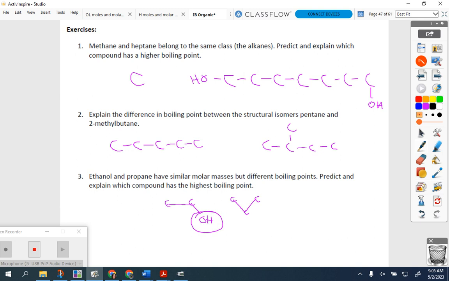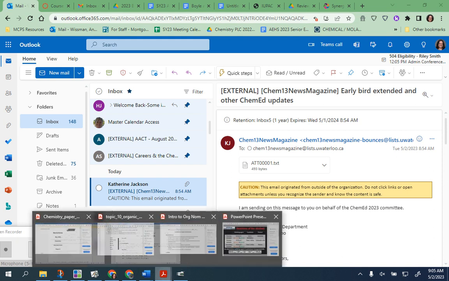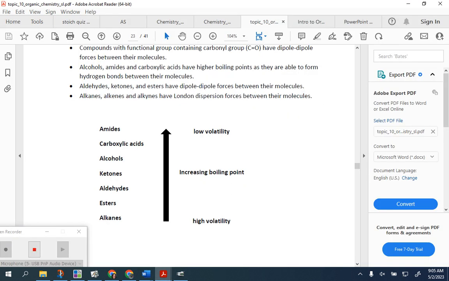Volatility? Yeah, so volatility is how easy it is to evaporate. So if something is volatile, then it evaporates easily.